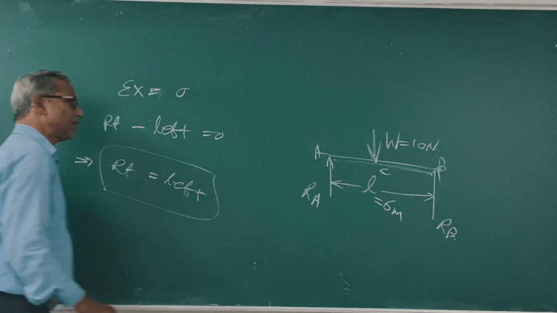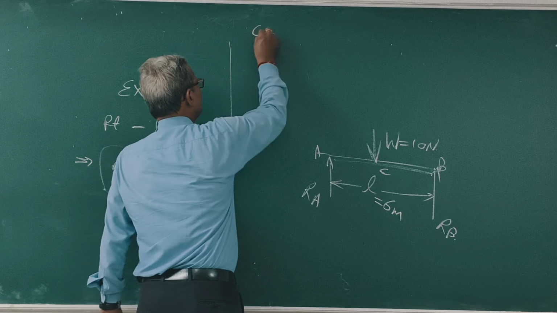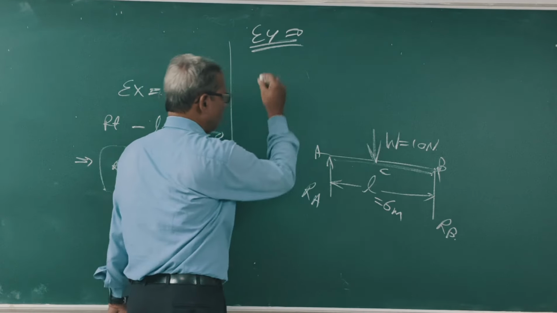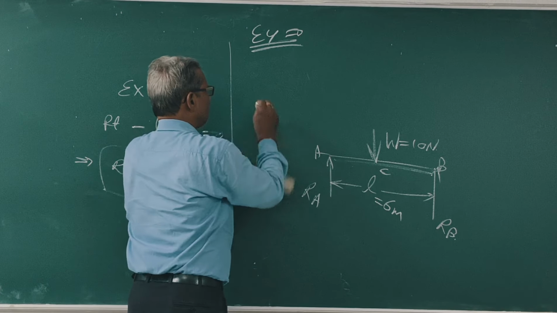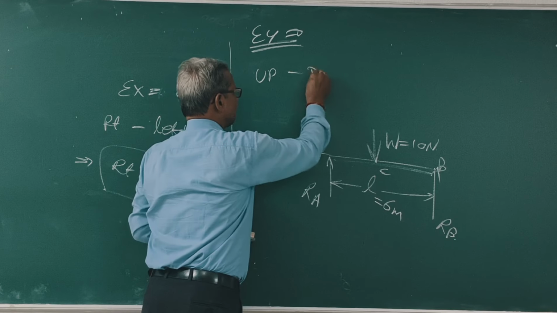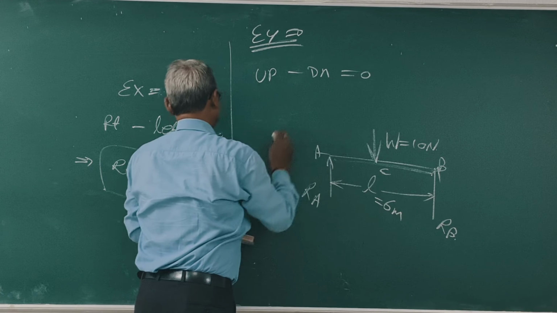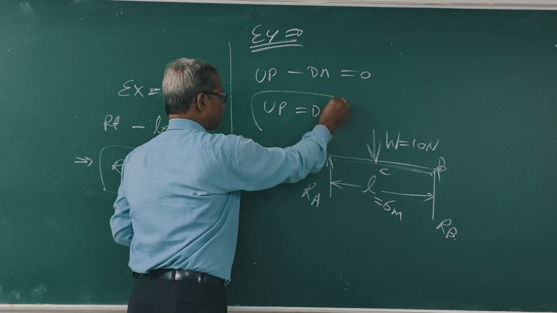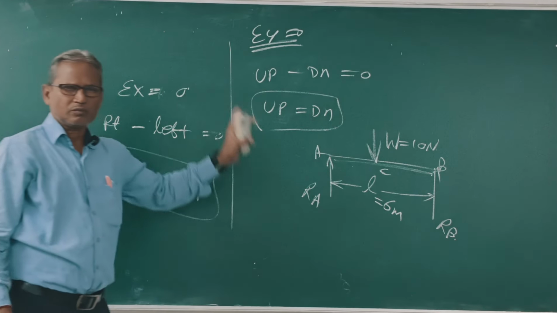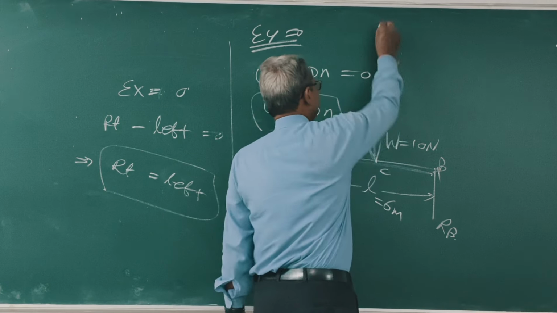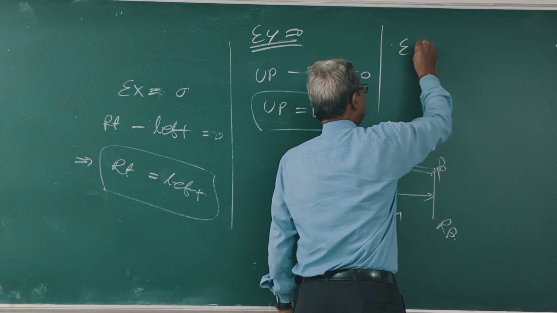Similarly, summation y is 0. What is y? Upward force minus downward force 0. This implies upward force is equal to downward force. This is sigma y 0. Similarly, summation m 0.